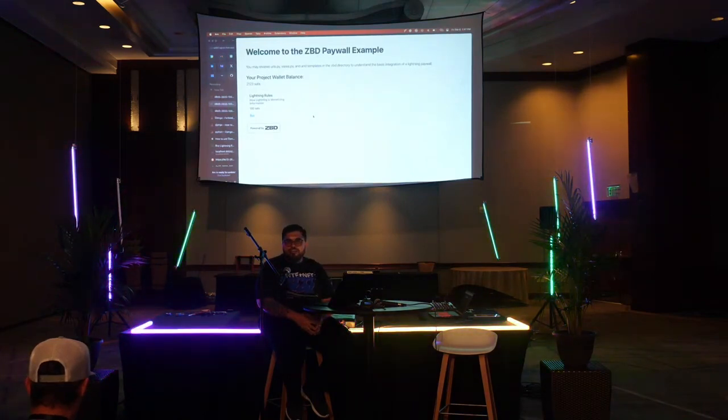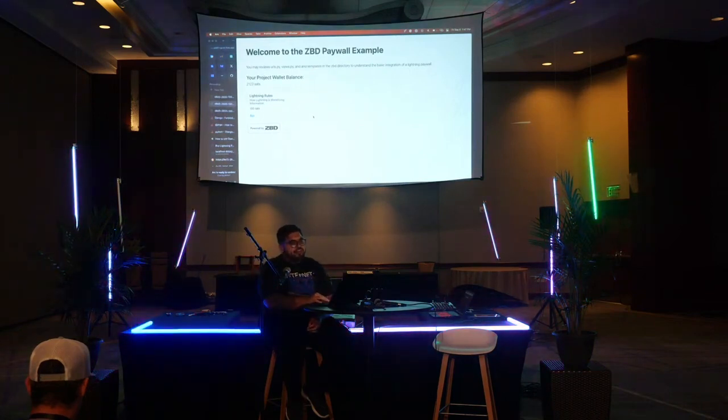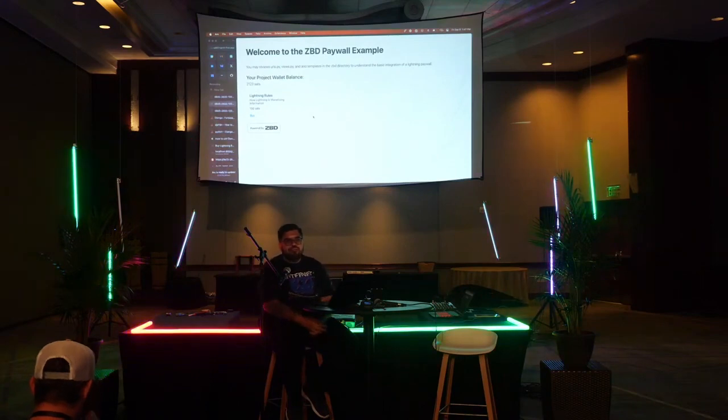You can build an application for esports payouts, for example, where you can have multiple of these Lightning addresses and then process the payment in the same way. You don't have to attach it to a success condition. But I like this example because it shows how to get money into your project and then how to process money out automatically. So you don't really have to custody any of your users' funds.